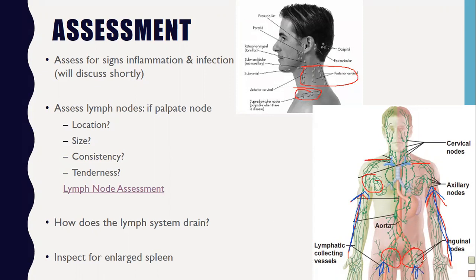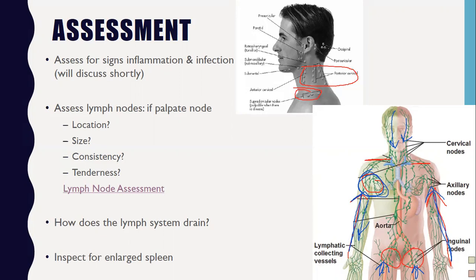Distal to proximal. And then your head and neck is going to drain down into these cervical and supraclavicular nodes. So if you had some enlarged lymph nodes here in this axillary area, then you may want to look distally for the cause, because that's the direction they're draining. And then you'll also inspect for an enlarged spleen.